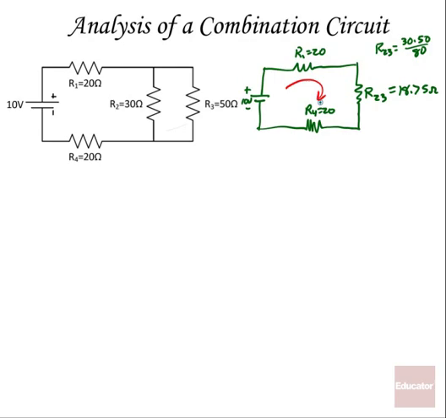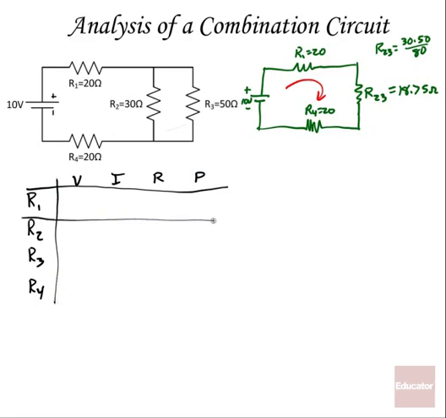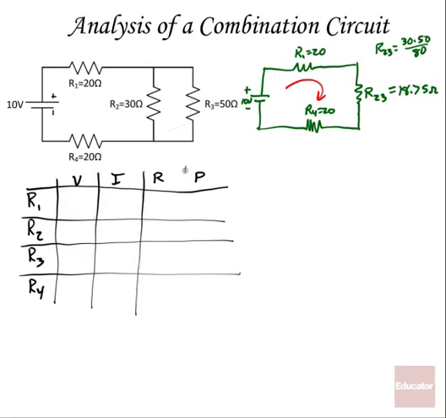As we look at this, we'll go back to our table now. We have R1, R2, R3, and R4, and V, I, R, and P. All right. We'll get this started, and then we'll figure out what we know.